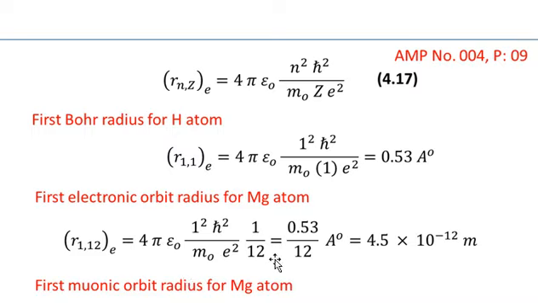So it is given by this relationship. You can see that the factor of 1 over 12 is present over here. So then I have 0.53 divided by 12, which will give you 4.5 into 10 to the power minus 12 meter, because I have converted angstrom into meter, and 1 angstrom is equal to 10 to the power minus 10 meter.